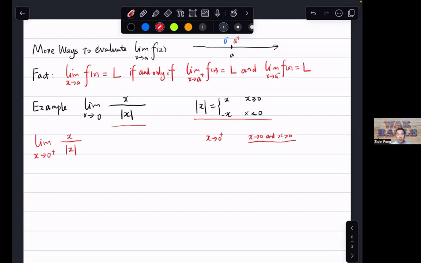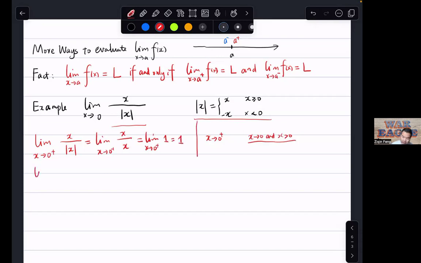By our definition of the absolute value, this equals the limit as x goes to 0 from the right of x over x, because when x is positive, the absolute value of x is just x. By some algebra, x over x is 1, so the right limit is 1.